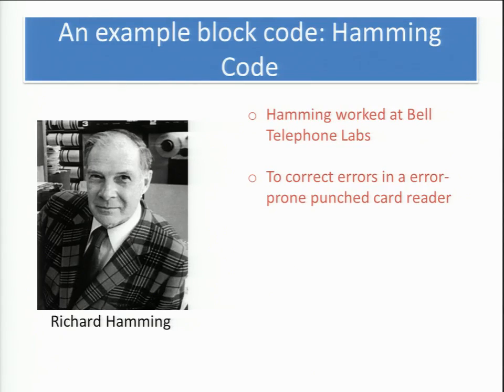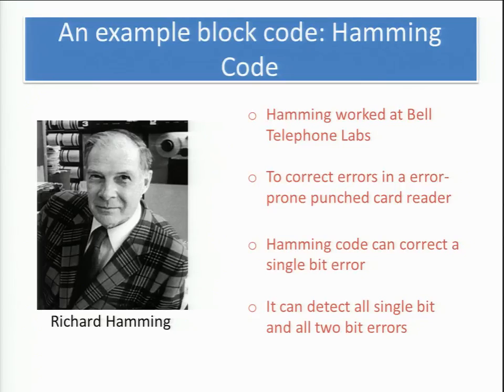So he said, can't I design a code which can correct errors? Let's say I just want to correct a single error. Can I design such a scheme? The simplest version is called the Hamming code. It can correct a single bit error, and it can also detect single or 2-bit errors. This is the capability of the code.